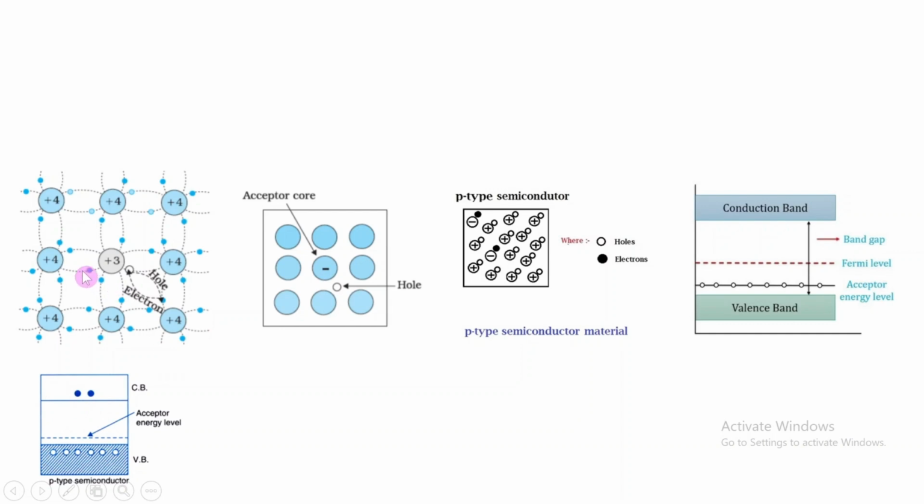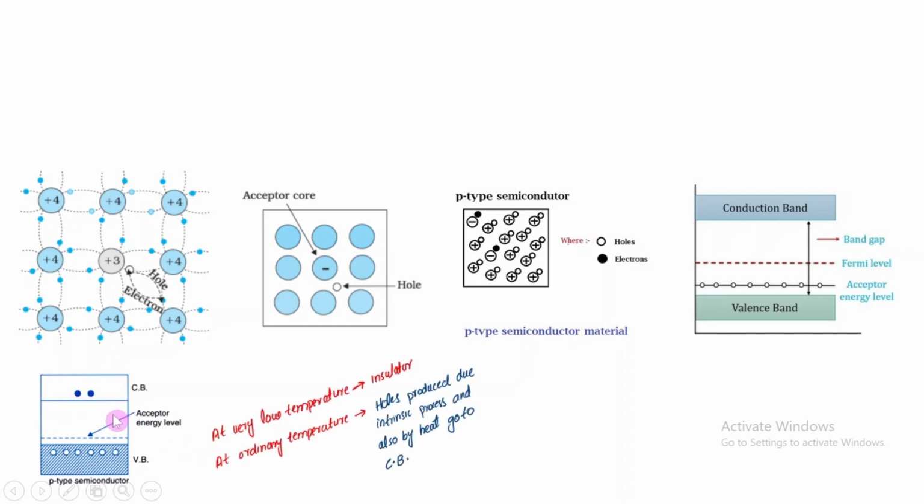This is because of this dopant, which has its intrinsic holes, and we have discussed the physics behind that. Therefore the holes in the valence band are the majority charge carriers in p-type materials, and the electrons are the minority charge carriers.